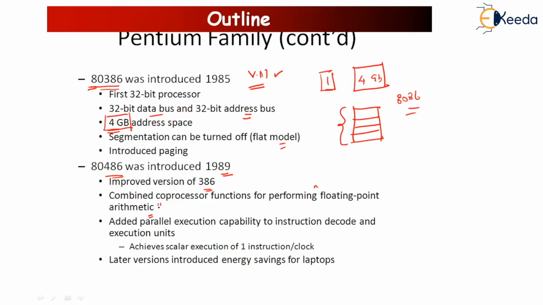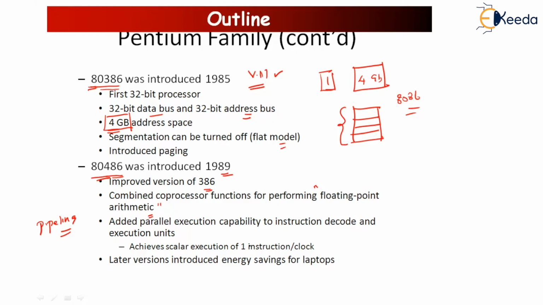It added parallel execution capability to the instruction decode and execution unit. This is the first processor to support pipelining. The concept of pipelining has been adopted and utilized initially by 80486. It was the inventor, or rather deployer, whatever you call. It was the first processor to use the concept of pipelining to speed up the execution of the instruction, thereby getting more throughput.